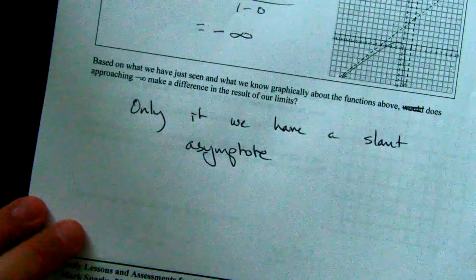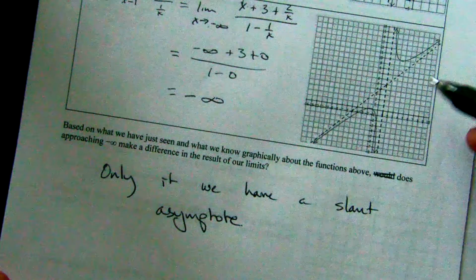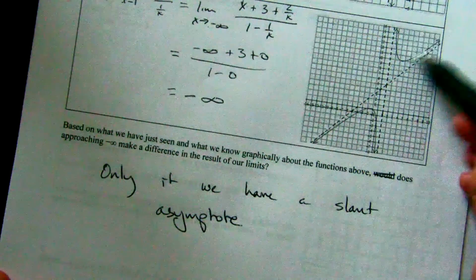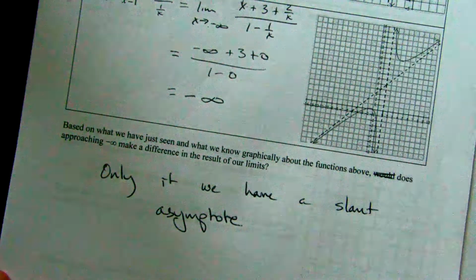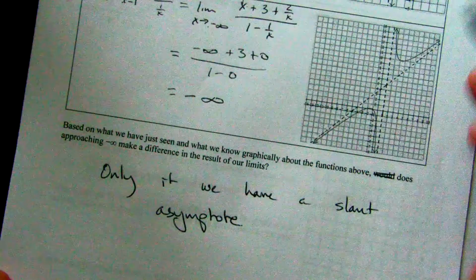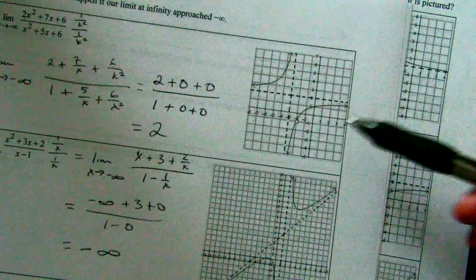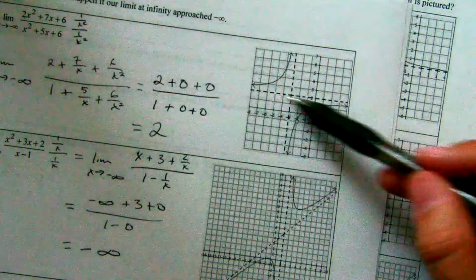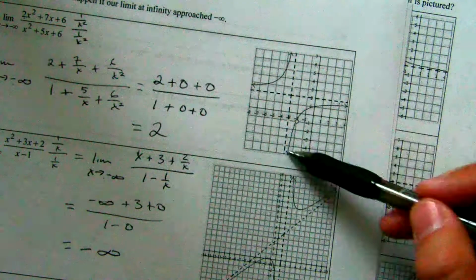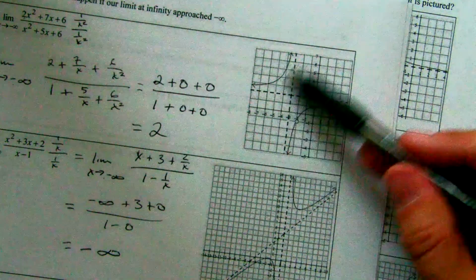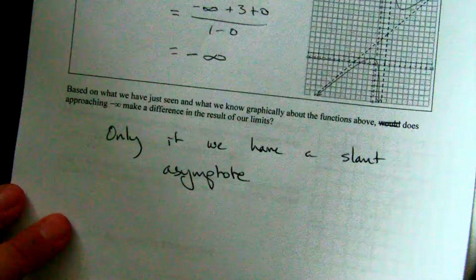In this case, where we have the slant asymptote, it matters if we're going to positive or negative infinity. But if we're just going to here and here, where we have a horizontal asymptote, it doesn't matter whether we're going to the positive side or the negative side. At least that's what it looks like so far. But we're going to look at another case where it might be a little bit weirder in just a second. Go on to the next page.